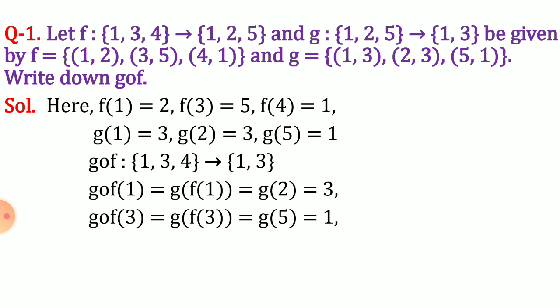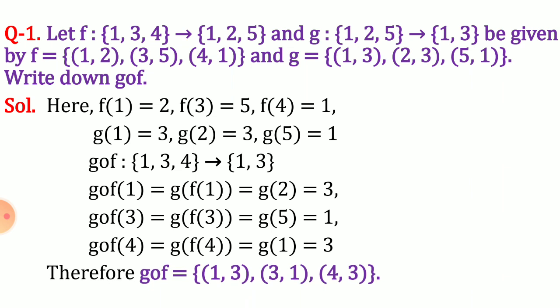So therefore g composition f = {(1, 3), (3, 1), (4, 3)}.